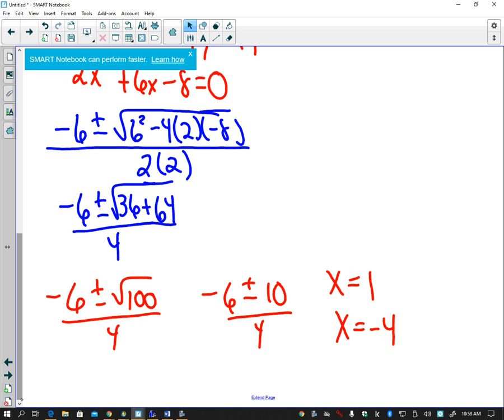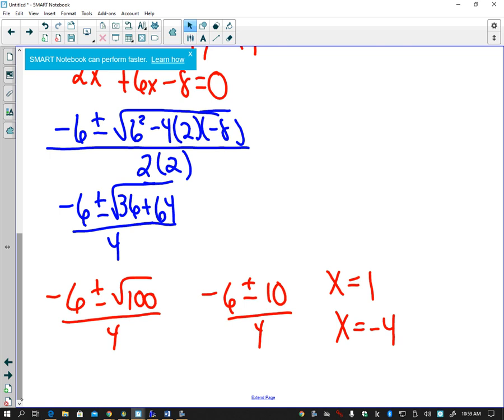What's negative 6 minus 10? It's negative 16, and I'm going to take negative 16 and divide it by 4. Because it's plus or minus, I have to do the plus and solve, and then do the minus and solve. That's how I get 1 when I add, and negative 4 when I subtract. Okay?